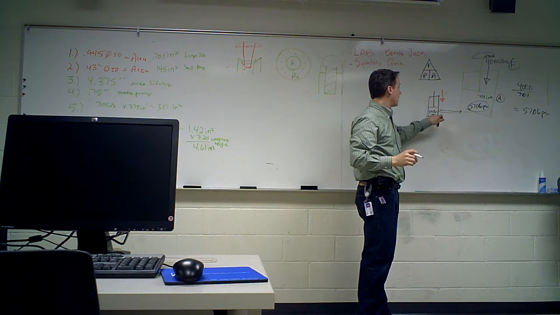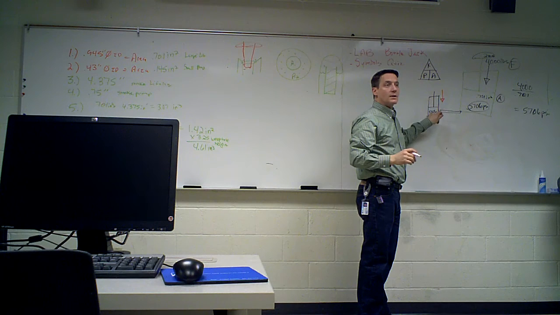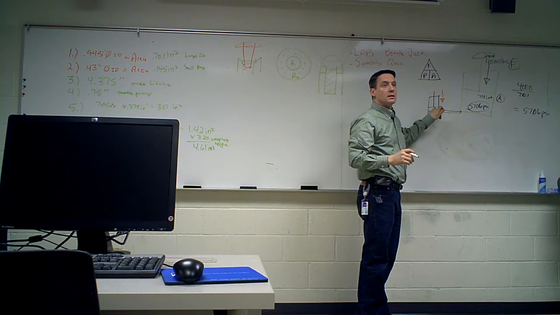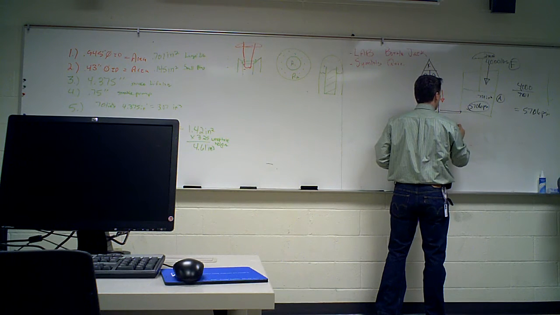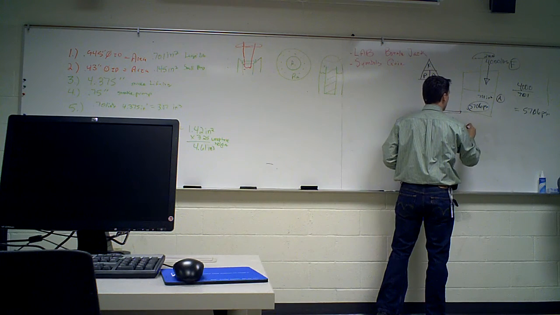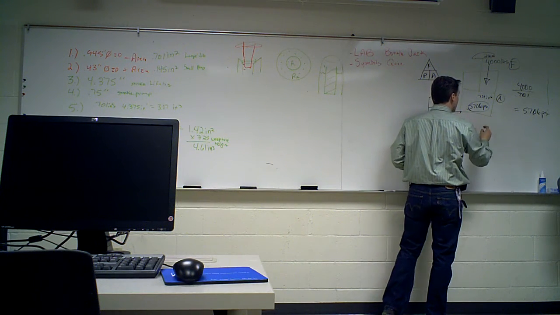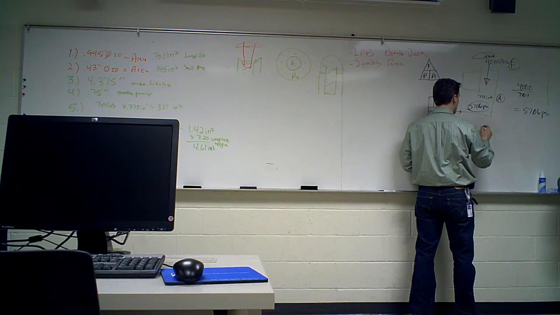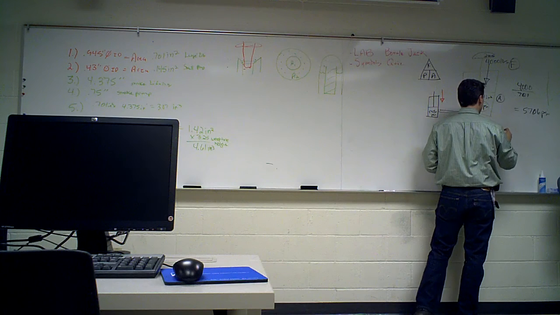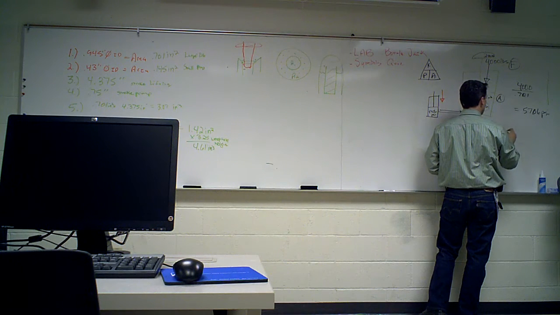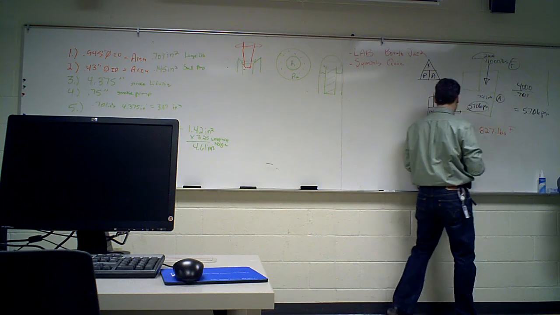We know our pressure already, right? What's our area? 0.145. 5706 times 0.145 equals 827.27. 827 pounds of force, right?